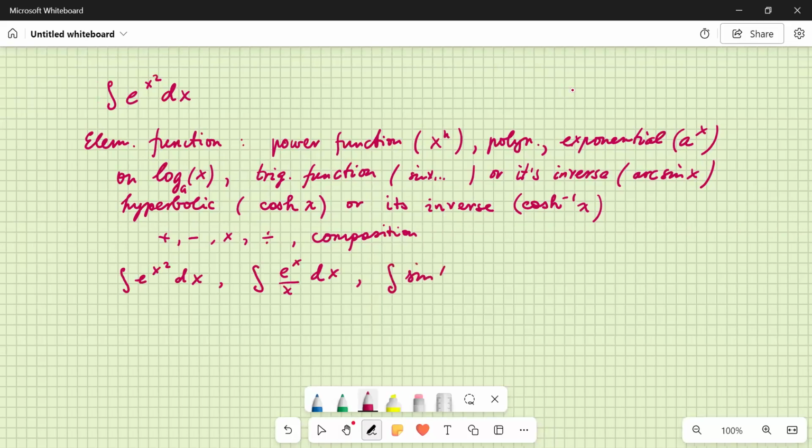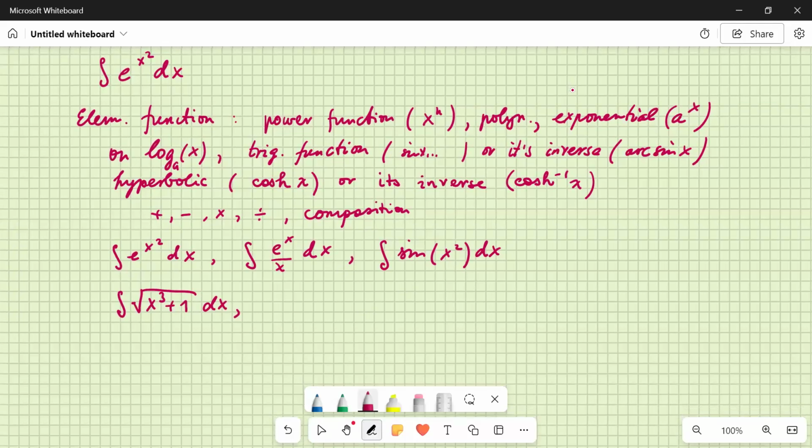Also, sine of x squared. Of course, it can be cosine of x squared or tangent of x squared. It's a similar type with the exponential. What else? X cubed plus 1. Just take our standard square plus 1 and make it into a cube, and you cannot find the formula for it anymore.